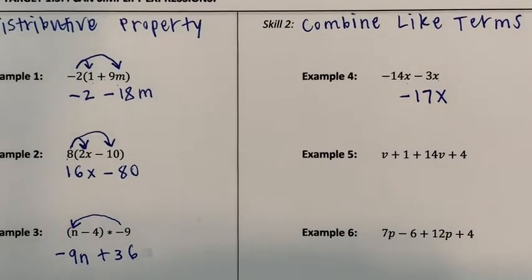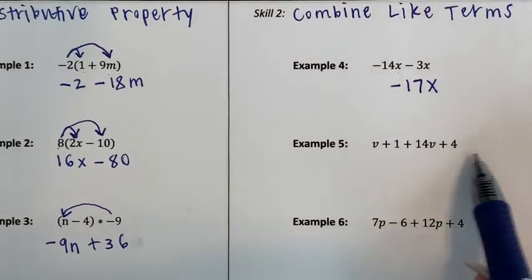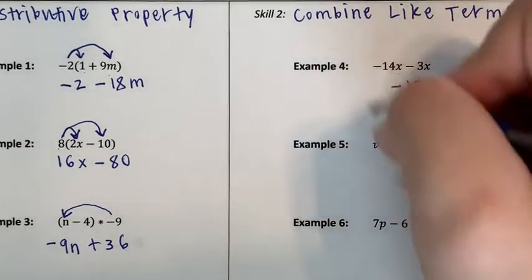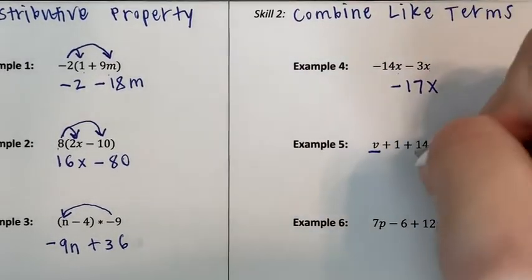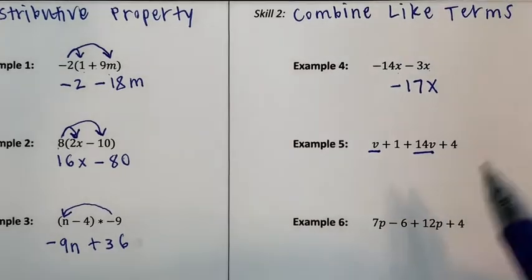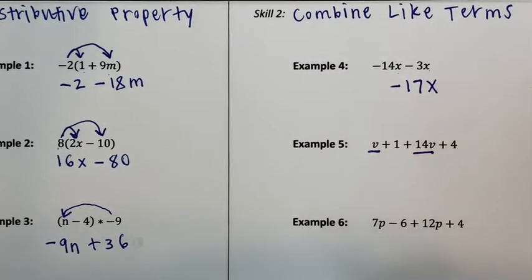Let's take a look at example 5. I can tell these are not all like terms. What I like to do is sometimes underline the terms that are like terms or use different colors, like I'll do in this example. If I want to find my variable terms, I see that I have a v, which is a variable, and a 14v, which is a variable. So I can combine these. They are like terms, v plus 14v.